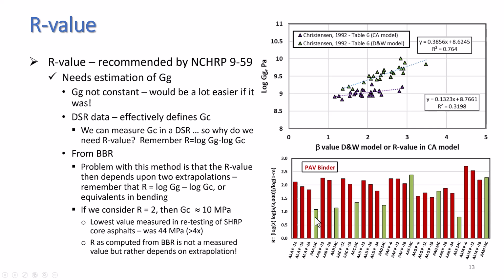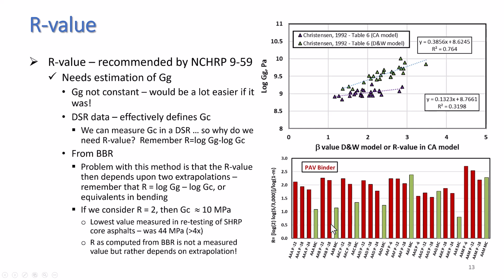Now, the green bars are basically taking the same data, combining it with the DSR data, and doing the analysis that way. And you can see when you combine it with the DSR data, you get quite a different number.